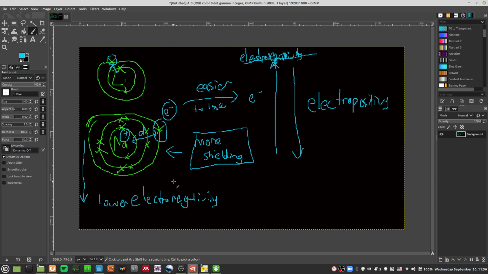There are some other laws. The shell structure you see here is not determined by Coulomb's law, the law of attraction and repulsion of like and opposite charges.